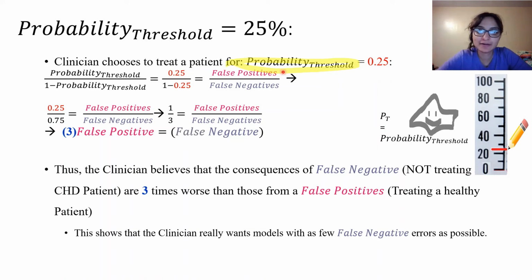Because if you think about it, with this being really low, the typical prediction model usually assigns positive if you're above 50% and negative if you're below 50% as the threshold. So basically based on this threshold, anybody who has a predicted probability of 25% and up, you are assigning them to being positive.